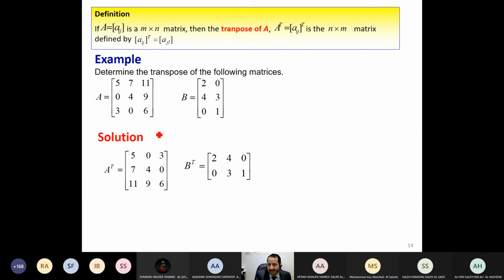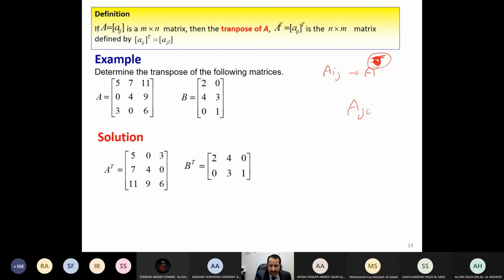If you are given any matrix, for example A_ij, i row, j column, then A^T, the transpose of the matrix, will be A_ji. It means we change i into j.